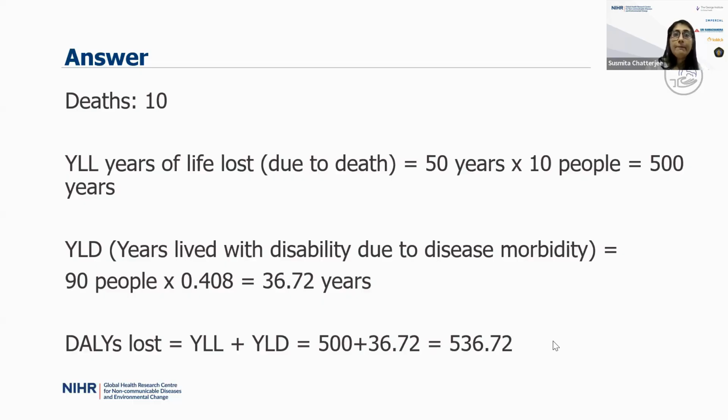This is how you have to calculate DALY if you want to go for an economic evaluation with cost effectiveness with DALY as one of your outcome measures. But I hope you understood that this is a time factor, because we are looking at how many years they will go for disability, how many years of life lost.